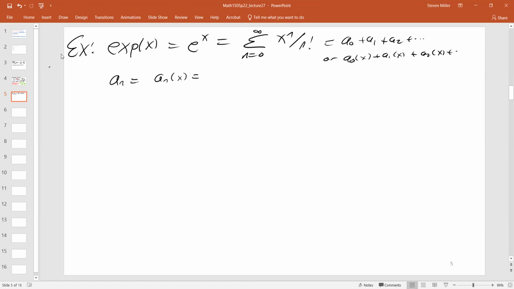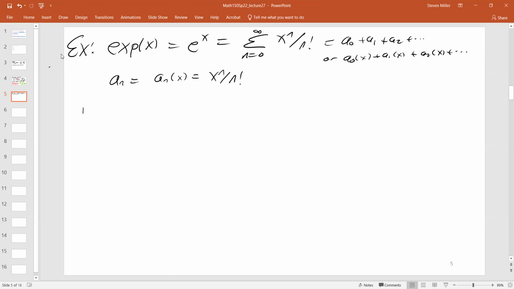I want to write this as an infinite sum. For each n, I have to tell you what is the nth term in my sum. If I give you a different value of x, I have a different sum. My sum depends on x. So that's why I'm using the notation an of x to remind myself that the nth term is going to depend on x. So what should the nth term be? x to the n over n factorial. Yeah, just x to the n over n factorial.